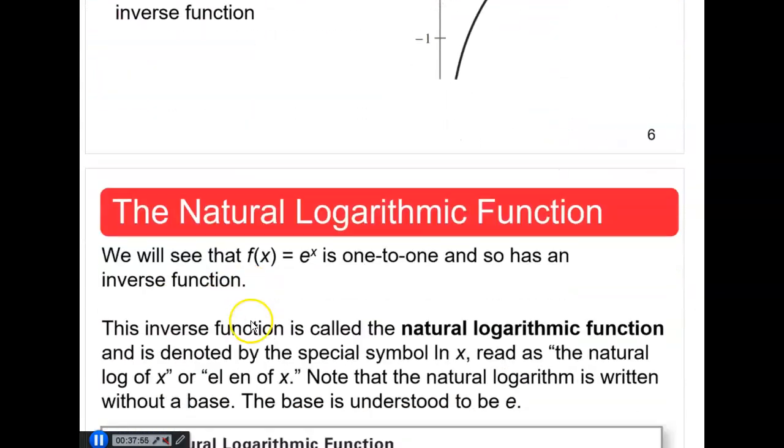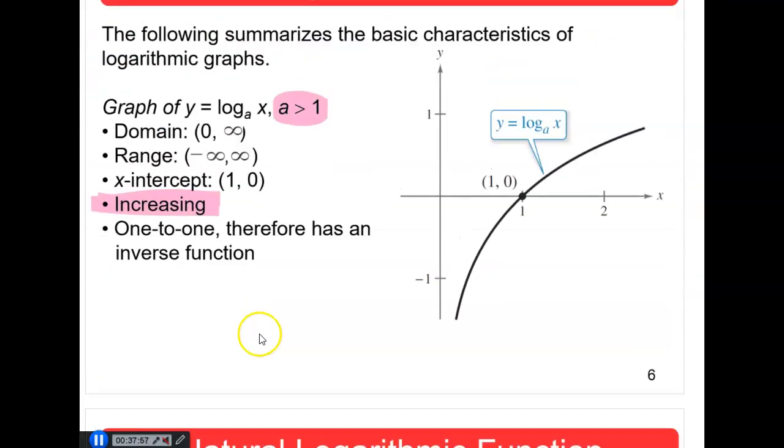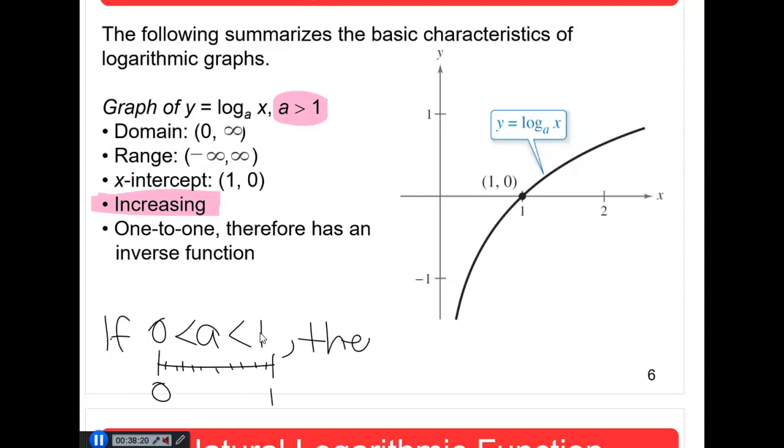But if you have a base, and it's not here, so I'm just going to add it. If a is still positive, greater than 0, but less than 1, like something in the interval from 0 to 1, like any of those little fractions, then the log function will be decreasing.